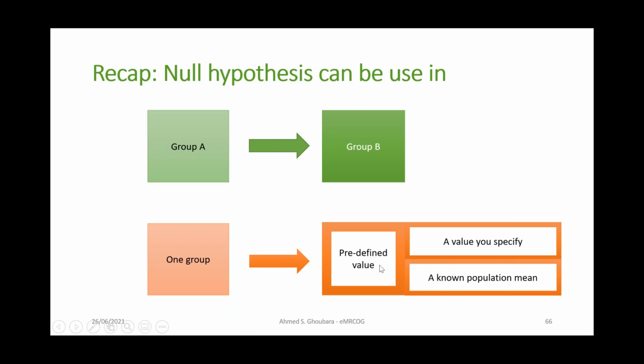For example, if you need to prove that the mean weight of the patients is more than 80, you set a value of 80 and test whether your group is equal to, less than, or more than this value.